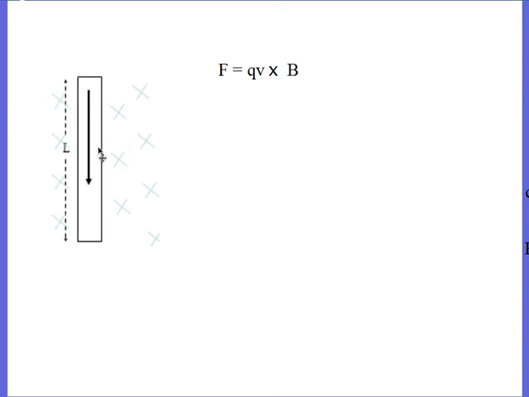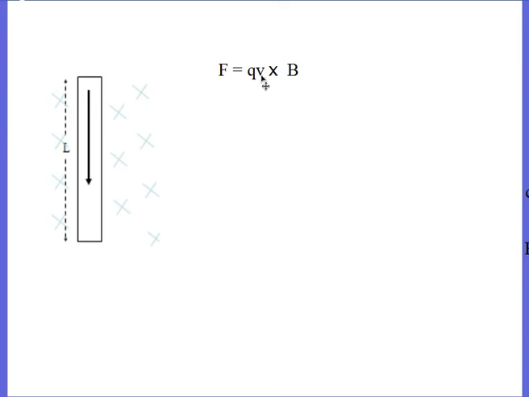Next, I would like to consider this V here is the velocity with which these charges are moving in this wire. And of course the charges that are moving are actually electrons that are going up, and this velocity would be what we would call the drift velocity.